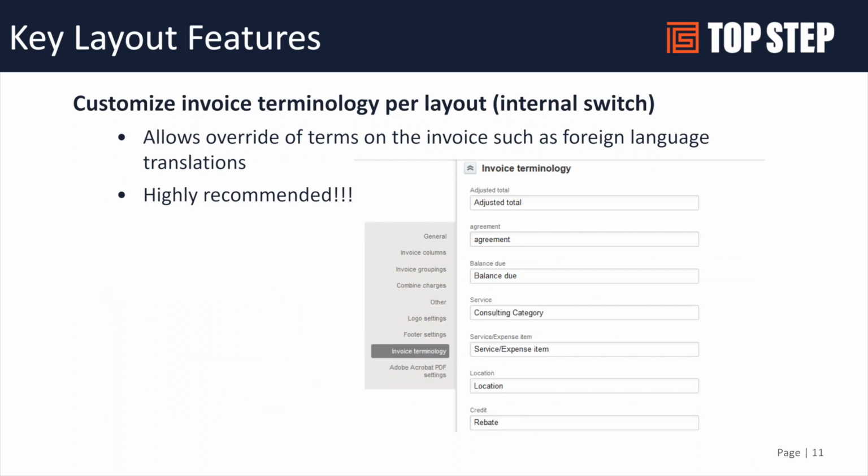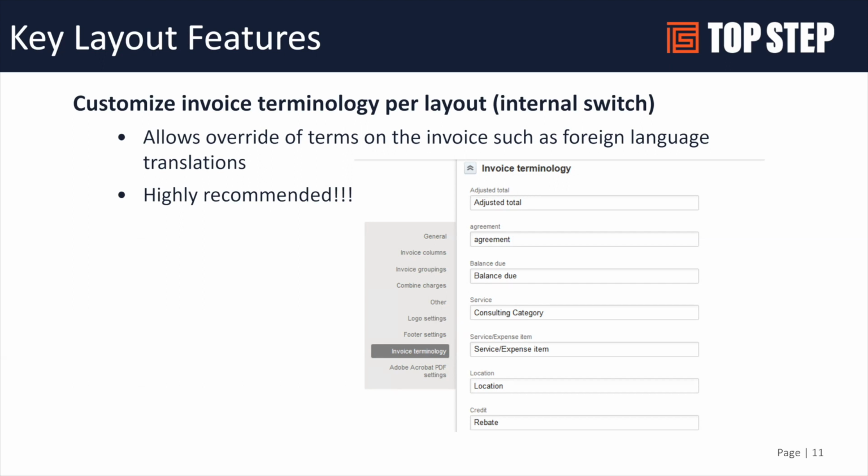Another layout feature that we generally recommend is around renaming terminology. Everyone's familiar with how you can change terminology in OpenAir, where bookings are often renamed as allocations, but also within an invoice, you can rename the terminology for the values that show in an invoice.